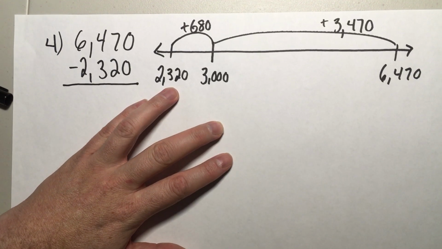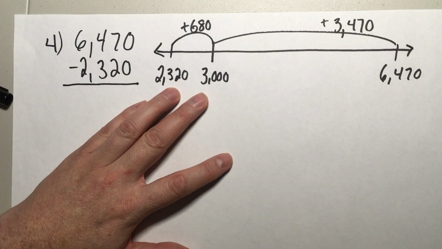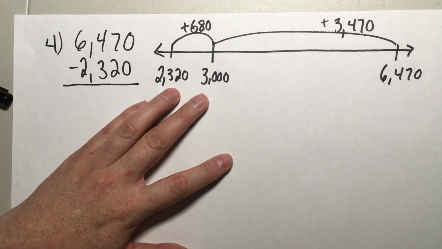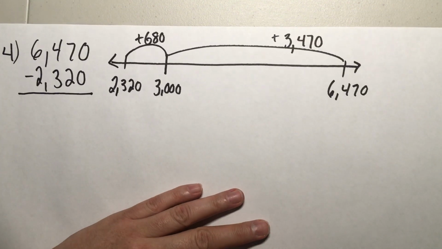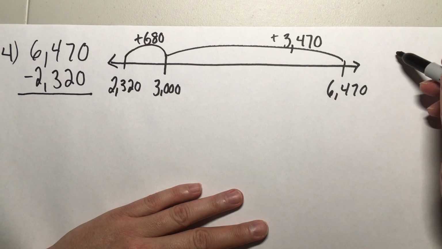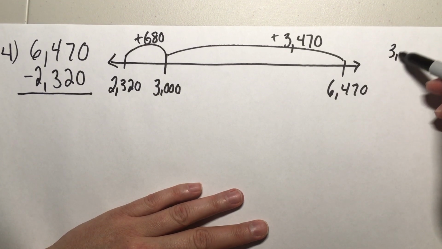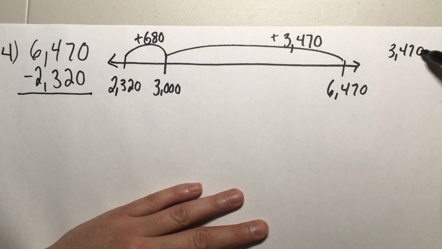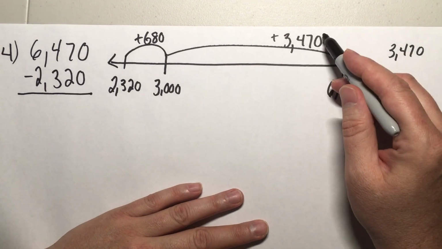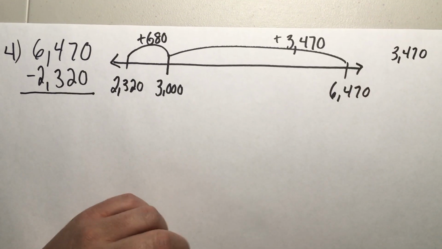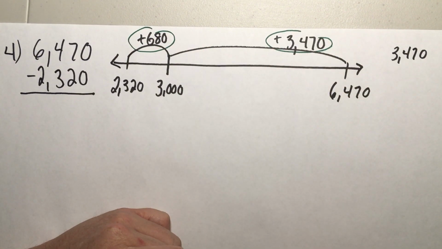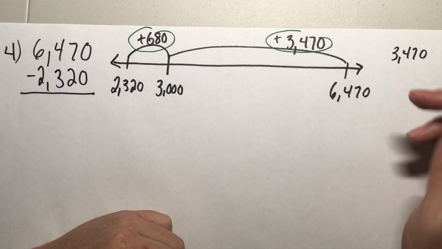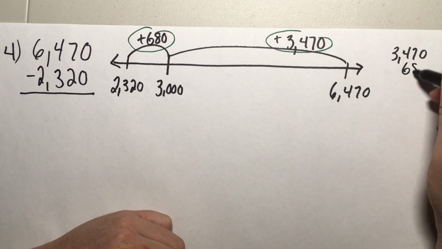Okay, let's see if I did that well. It looks good. And of course, we're going to take a look at that with the calculator afterwards. So I'm not adding that straight off my head right now, but what I can do is I can just add those partial sums together to see if I can solve that. 3,470 plus 680.